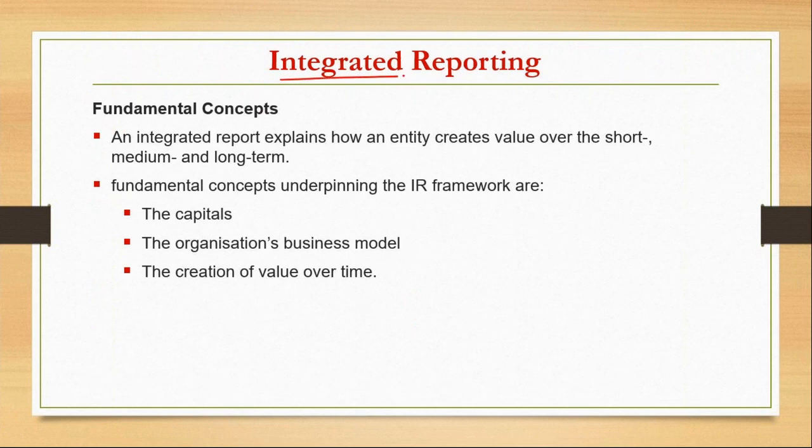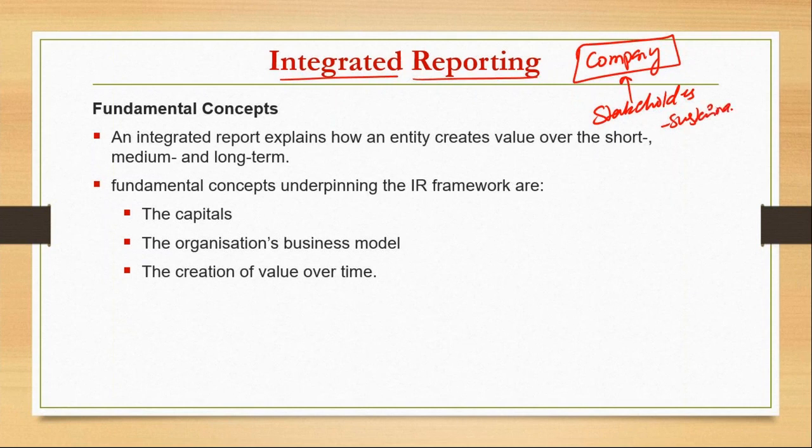Now let's discuss a bit of integrated reporting. What exactly is integrated reporting? In the case of a company, a lot of stakeholders require different types of reports from the company, such as sustainability reports. The companies usually give these reports in the financials: CSR report, social report.